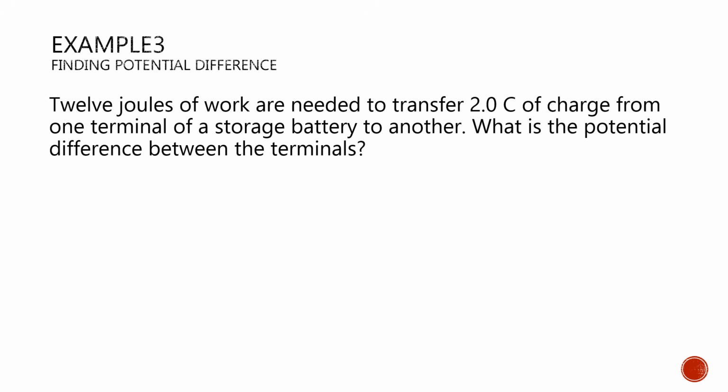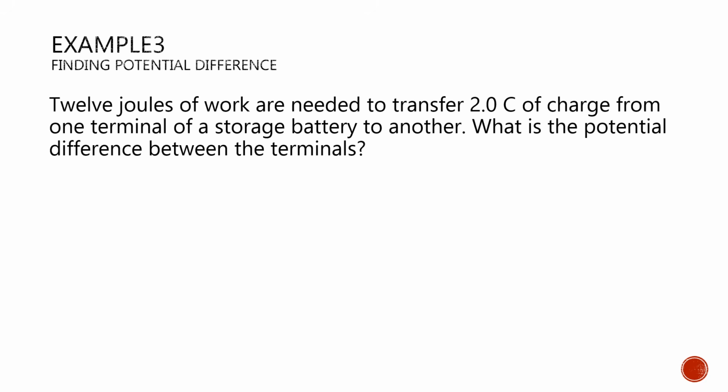So for finding potential difference this time given other quantities, 12 joules of work are needed to transfer two coulombs of charge from one terminal of a storage battery to another. So what's the potential difference between the terminals?